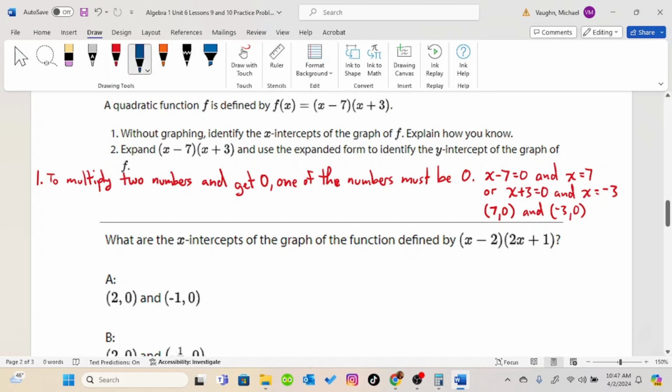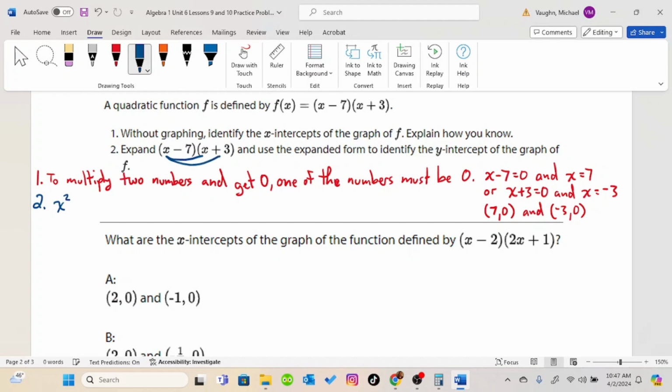Number 2 wants us to expand x minus 7 times x plus 3 and use the expanded form to identify the y-intercept of the graph. So x times x is x squared.